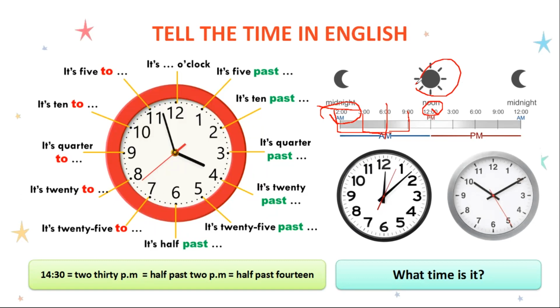That's when you eat your lunch. 12 p.m., 3 p.m., 6 p.m., 9 p.m. Then we have midnight again. So a.m. is morning, p.m. is afternoon to evening. Do you have any question?